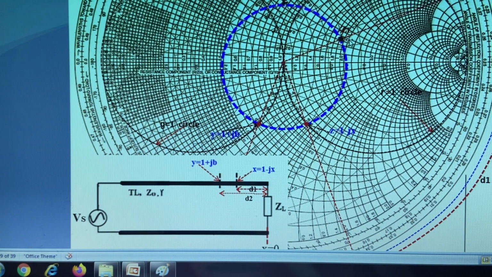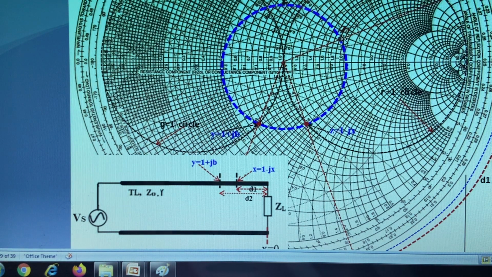So like that we can find at what distance this 1 minus jx impedance is, that is, where the real part is equal to 1. That impedance distance we can find over the transmission line. So we assume this type of impedance, that is, a real part 1 form of impedance, is there at some distance from the load, that you can easily find from the Smith chart.